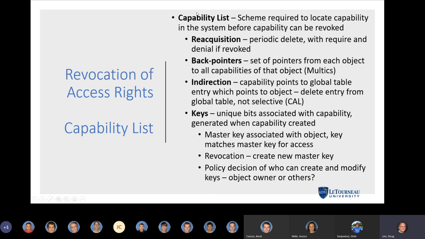So again, this is the method I was talking about in terms of reacquisition, where rights are periodically deleted from each domain, and in order to continue using that right, you have to be granted the right again.